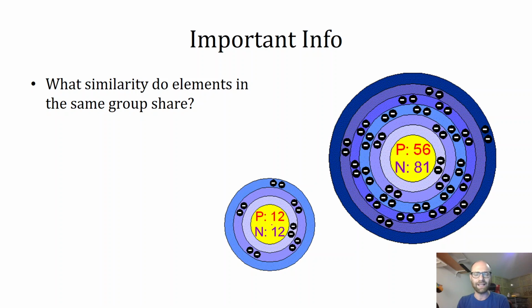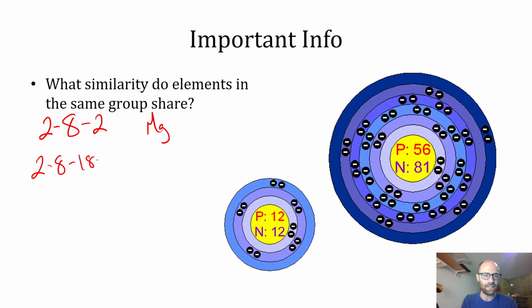So I've also copied another element here. This is magnesium. It's in the same group as barium, also shown. And don't forget that the reason they're in the same group, or a product of the fact that they're in the same group, is that the valence electron number is the same. Remember that magnesium is 2, 8, 2, and barium is 2, 8, 18, 18, 8, 2.